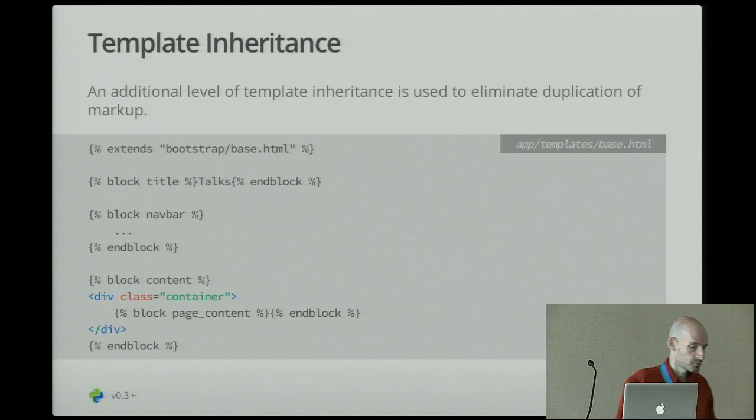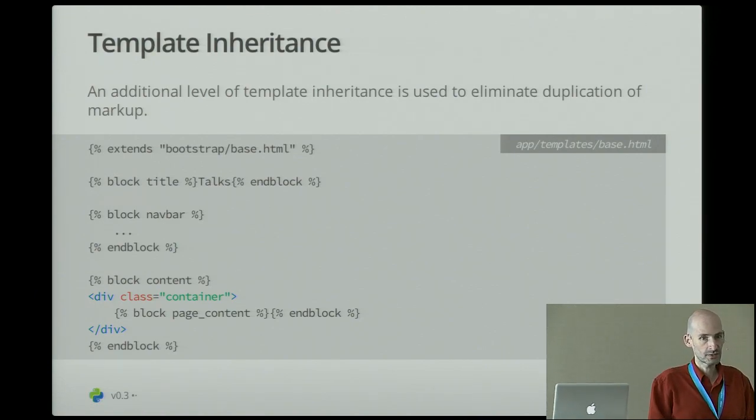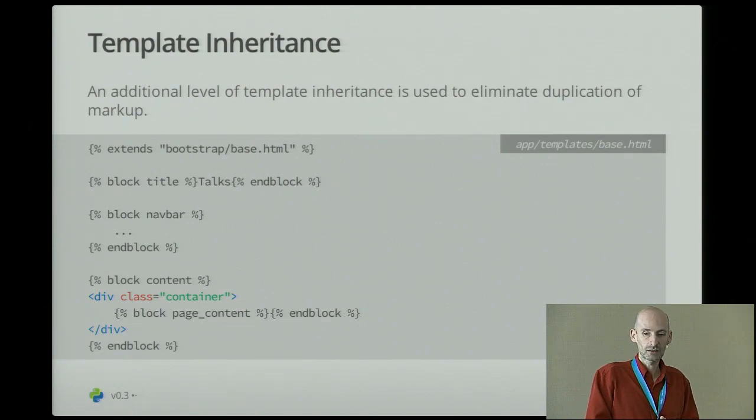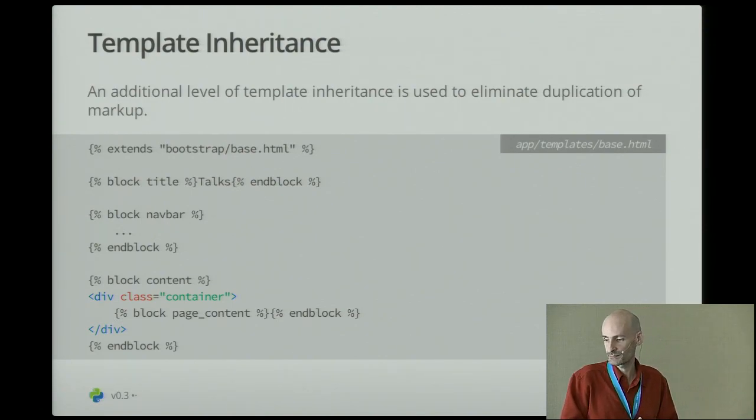In the same way Flask Bootstrap defined a base template with all the Bootstrap stuff inside, we can also define our own. You can have a chain of base templates and then a bunch of derived templates underneath. So we need our own base template that inherits from Flask Bootstrap's base template.